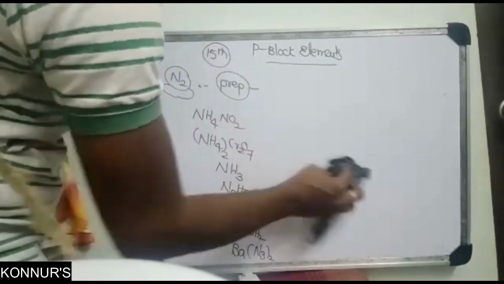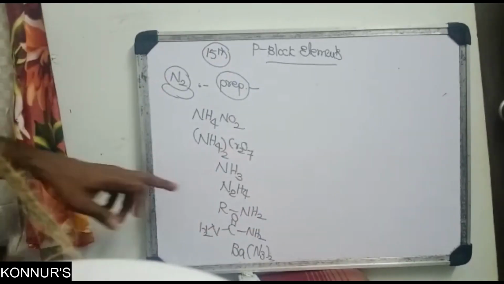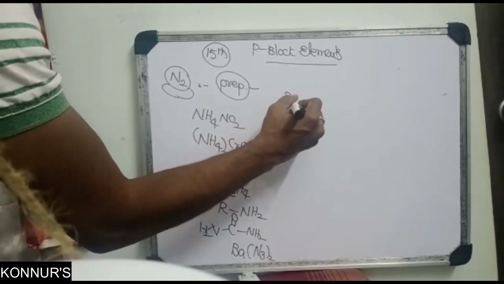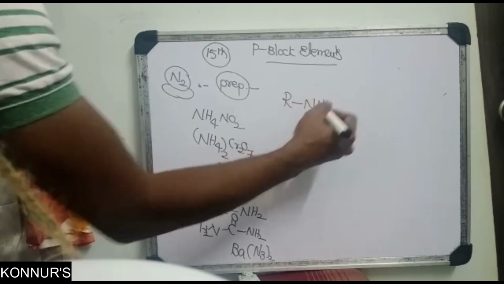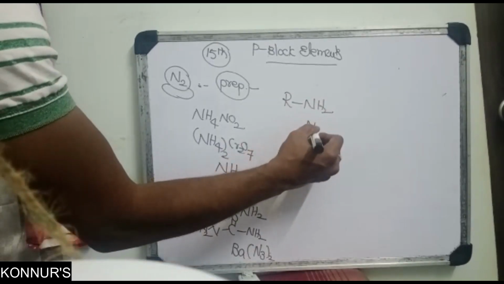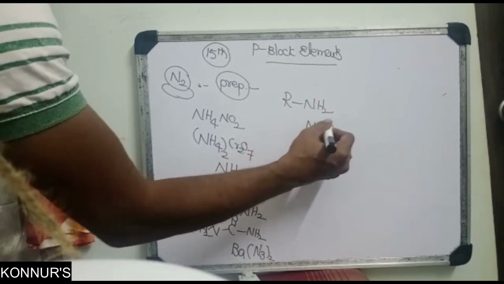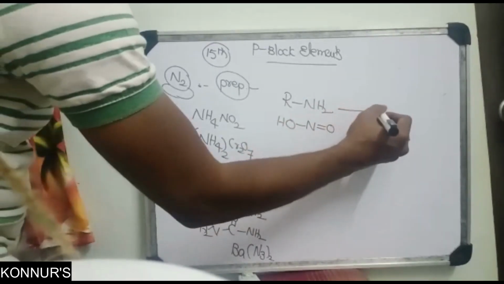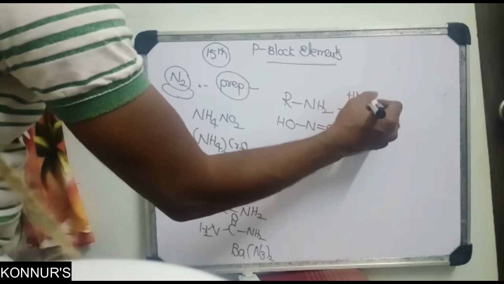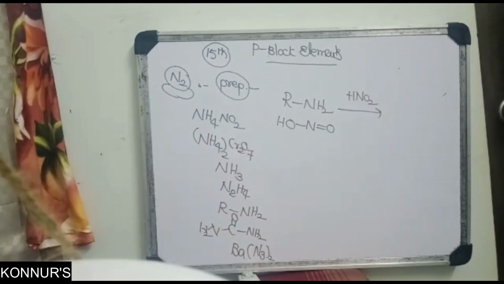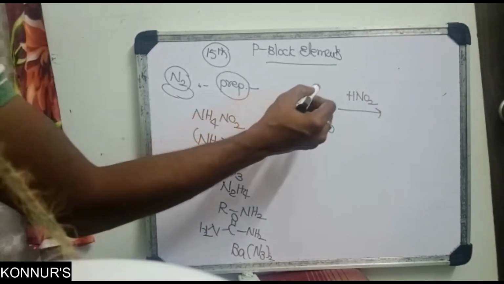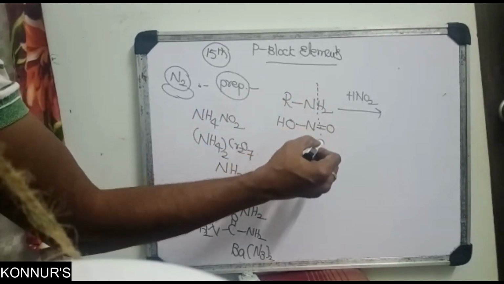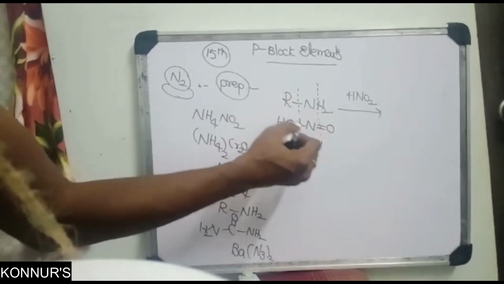Next, amines in organic chemistry, RNH2. You take N double bond OH, that is HNO2, nitrous acid. Amines are treated with nitrous acid. Water is separated, N2 is separated.